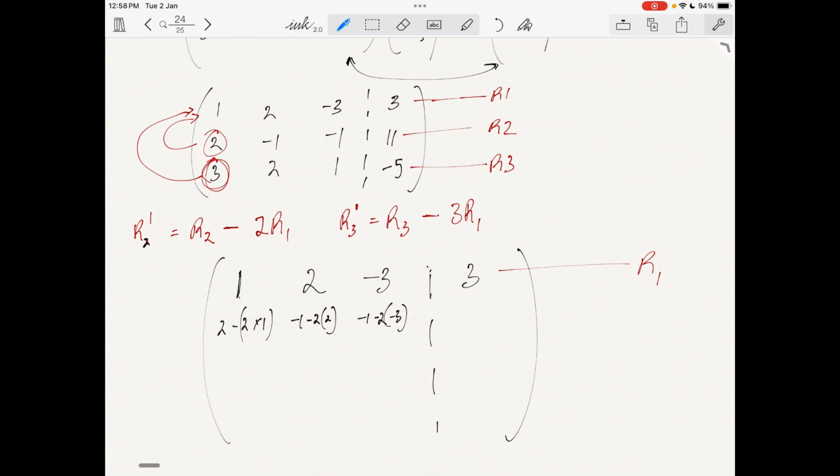And the constant term is 11 minus 2 times 3, which gives 5. Don't forget, this is the formula we are considering.